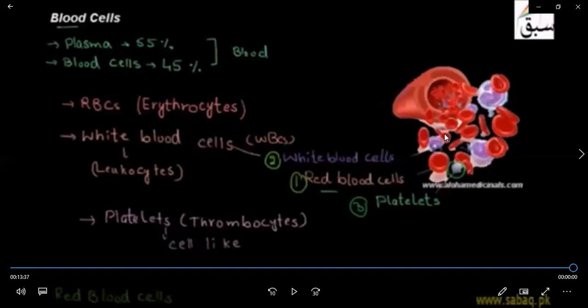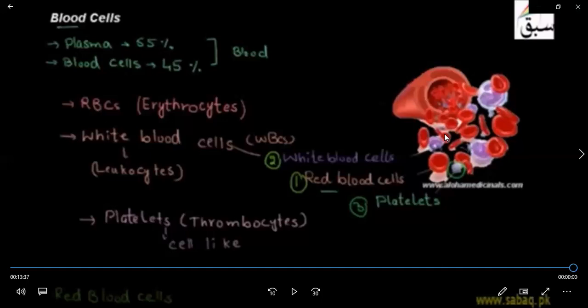The main function of RBC is to transport oxygen across the body. The function of white blood cells is to provide defense against incoming organisms or invaders inside the body. Third is platelets, which also have a function in prevention of body damage.